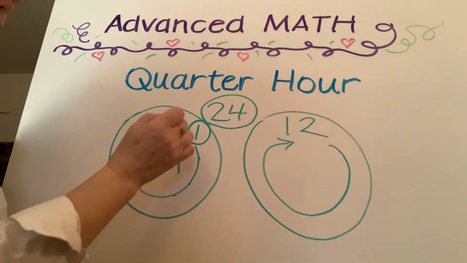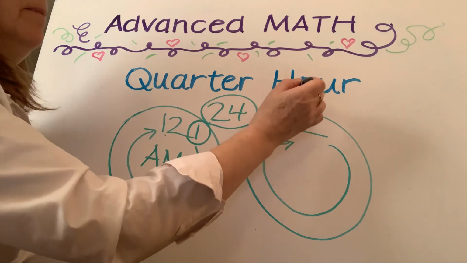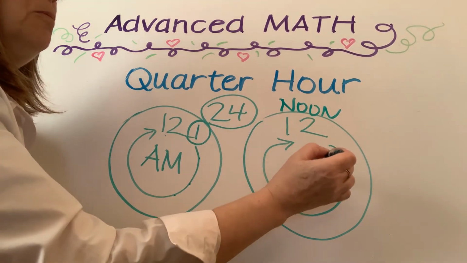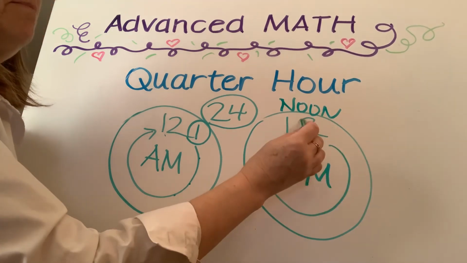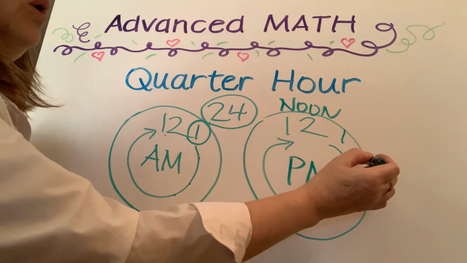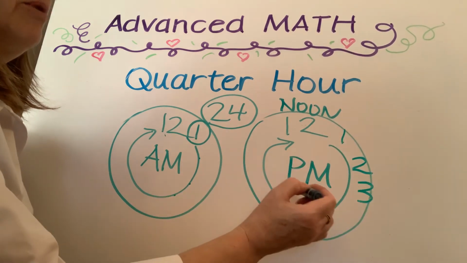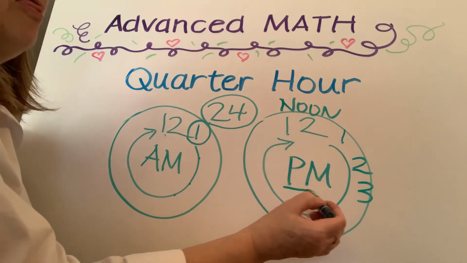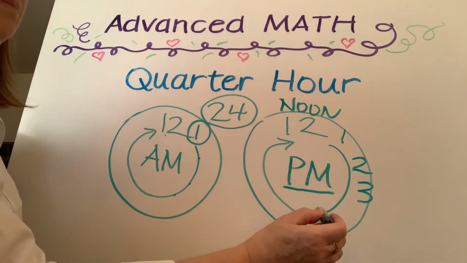It goes around, and then we hit noon, okay? And that's when we jump to PM, because now it's right in the middle of the day, but 1 o'clock, 2 o'clock, 3 o'clock, when we're getting ready to go home from school, that's actually PM.